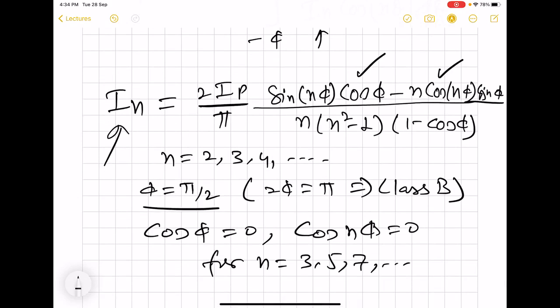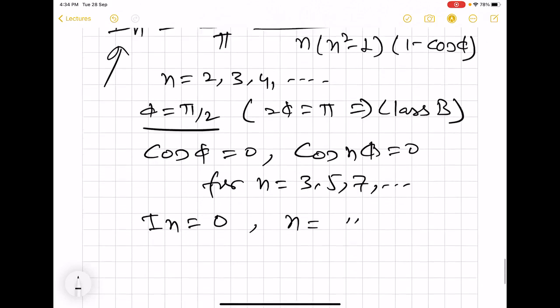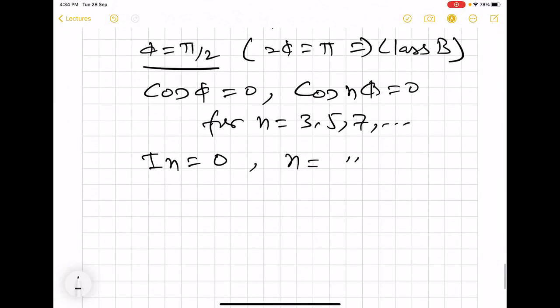That is why IN is going to be 0 for all these n's. And we have already seen that only even higher harmonics exist for class B. Okay, so now we have all the coefficients, all the amplitudes for all the harmonics of the drain current. So we can proceed to find out the drain efficiency.